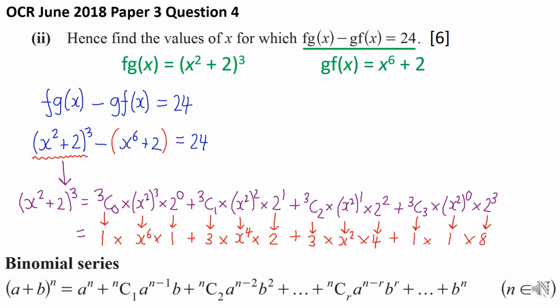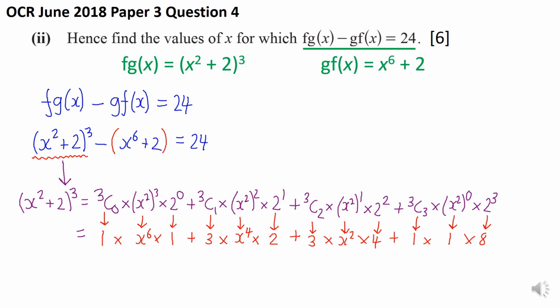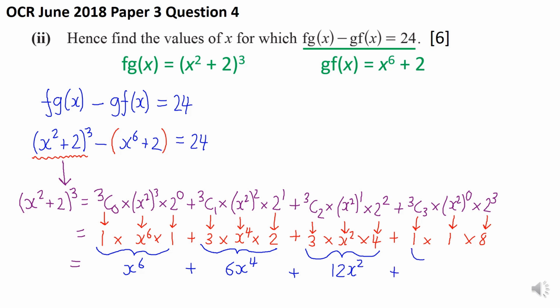Right, let's get this out of the way. And this is equal to 1 times x to the power of 6 times 1 is x to the power of 6 plus 3 times x to the power of 4 times 2 is 6x to the power of 4 plus 3 times x squared times 4 is 12x squared plus, and then 1 times 8 is 8. Okay, we have expanded the first bracket.